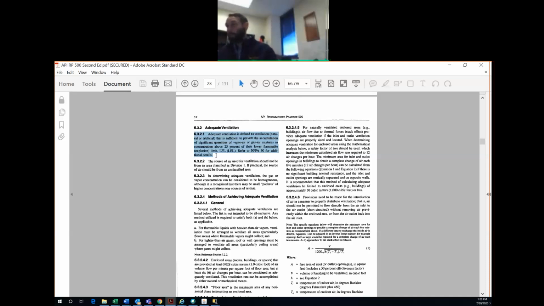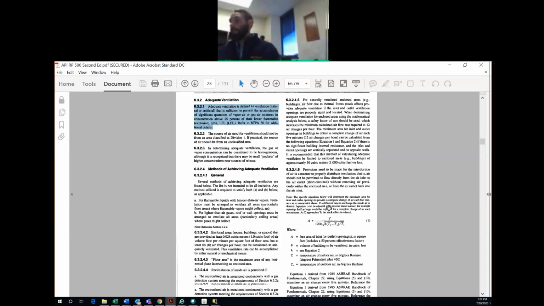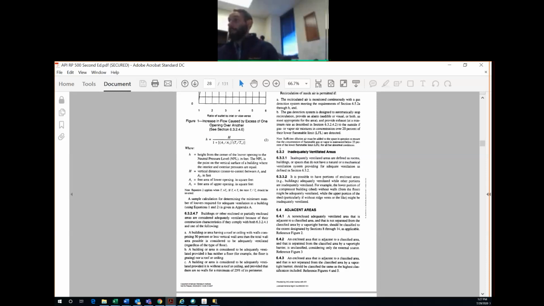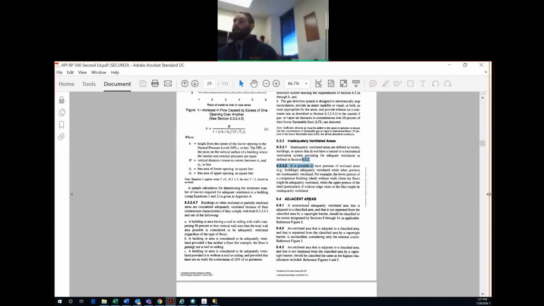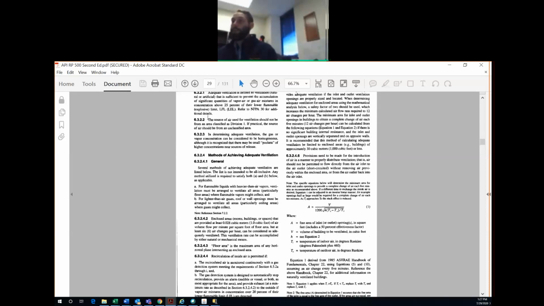So if there's any situation where gas can accumulate in an enclosure over 25% LEL, you do not have adequate ventilation within that enclosure. And that is, again, the specific definition of inadequately ventilated areas. It just doesn't meet the provisions of 6.3.2, which tells you you need to never be able to accumulate 25%.